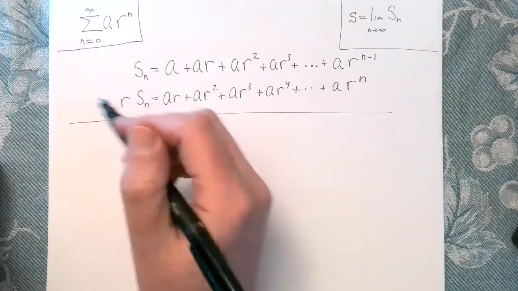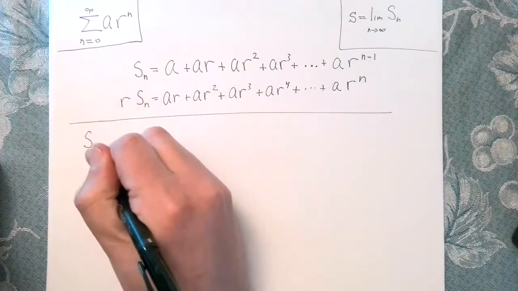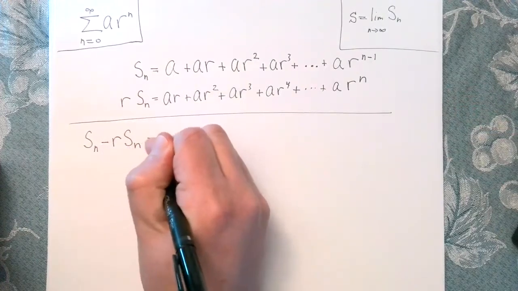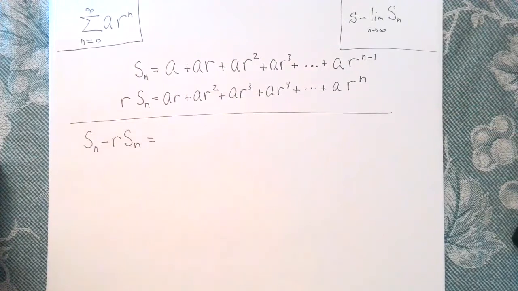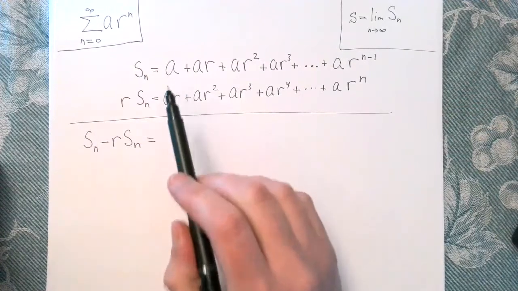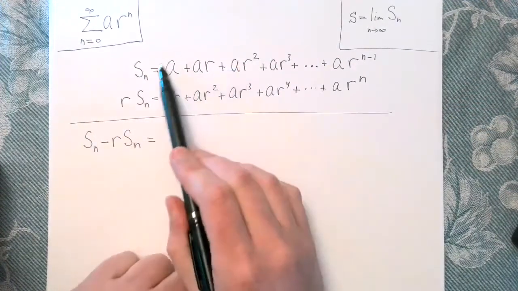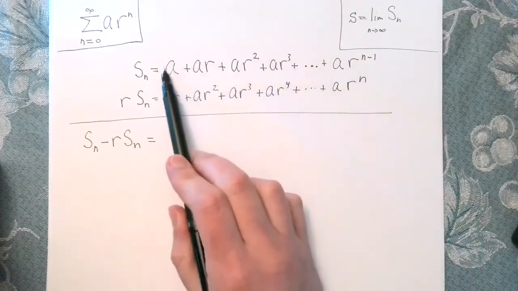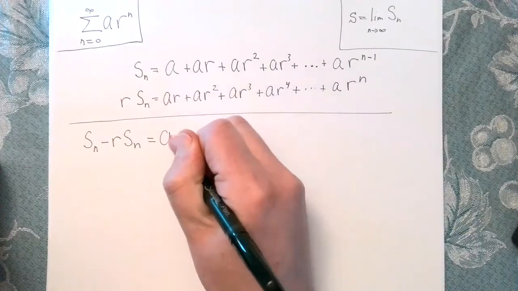Okay, so let's take the difference of the left side. And notice when we take the difference of the right sides, we're going to get a bunch of canceling. That's really helpful. So just think about what would stay and what would go if I did this minus this. This would stay, the a.